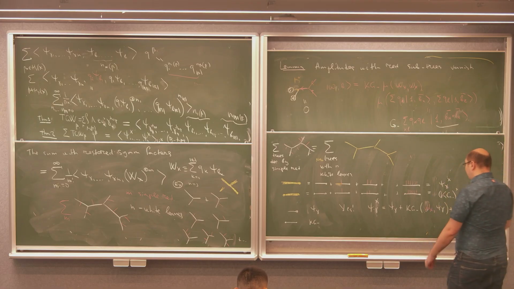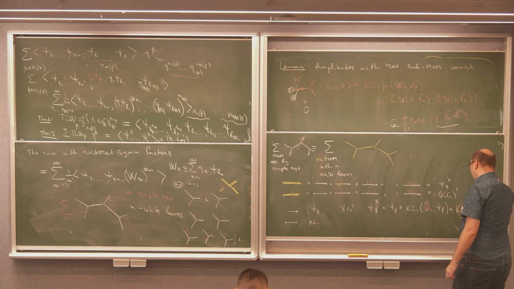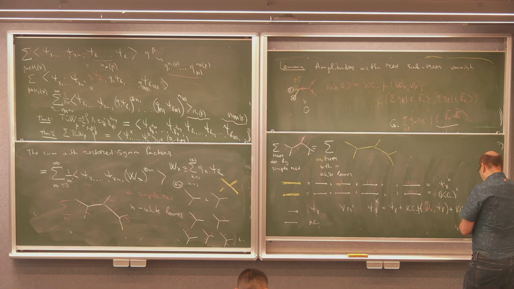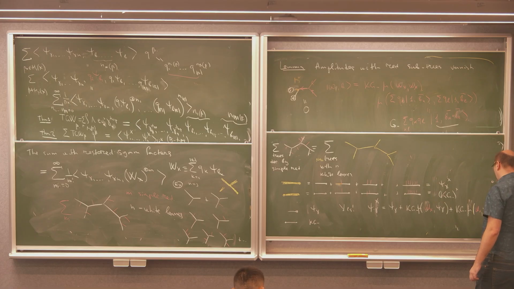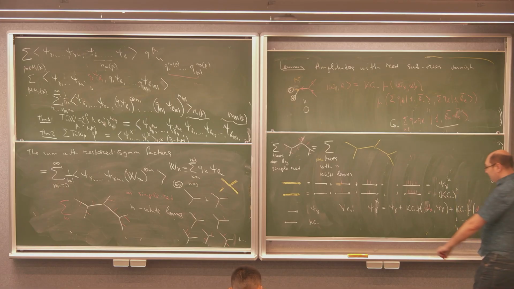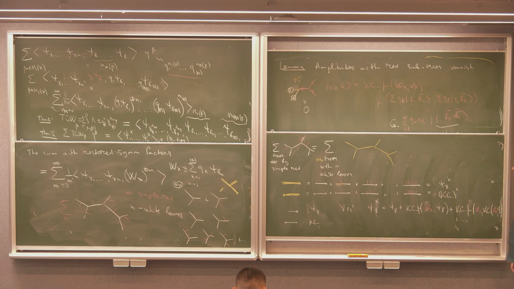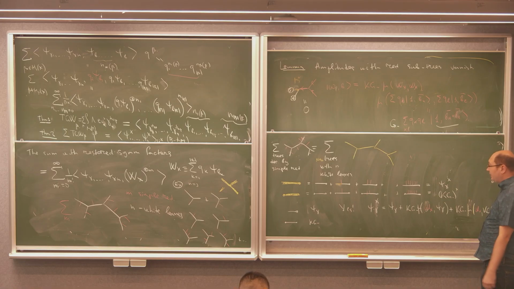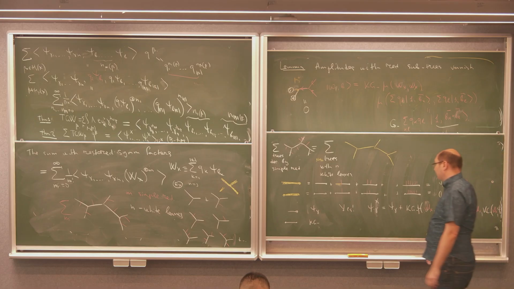Similarly we can iterate this procedure for a two decoration: that will be KG minus, then w x with another KG minus of another w x and psi gamma. So all we need to do is evaluate the subtrees. Okay, so we got some state, a linear combination of states. This state exists even in the original quantum mechanics.